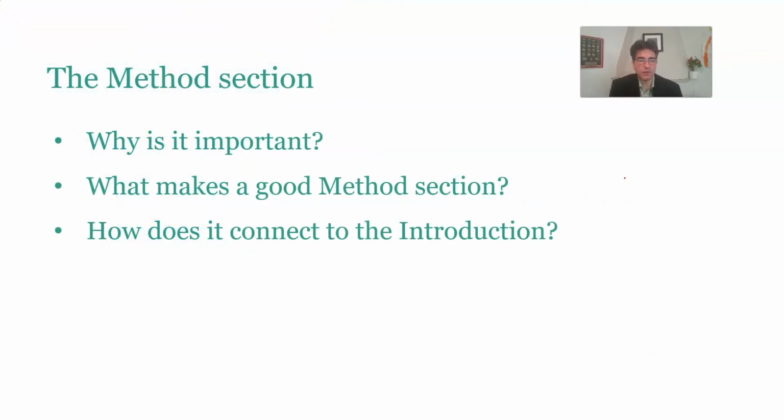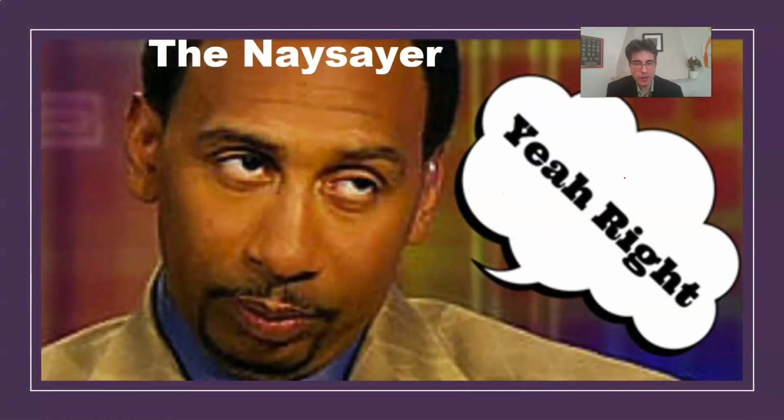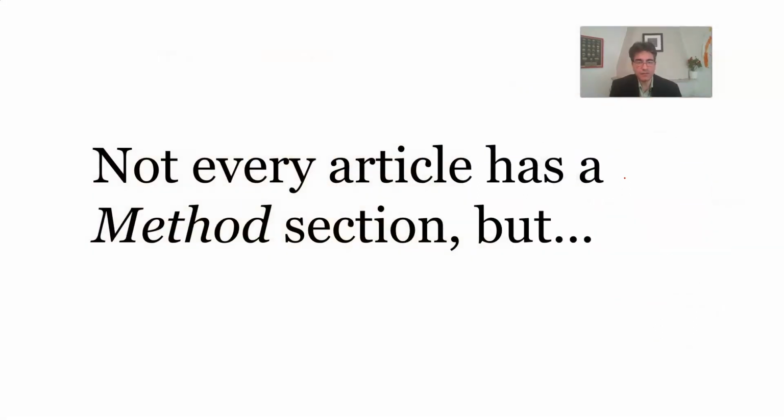And we want to look at in this particular point of the course how it may connect to the introduction section and what makes a good method section to begin with. And a lot of that is related to anticipating this naysayer, the person who will look at your article very critically, and basically that comes down to just about every reviewer on the planet.